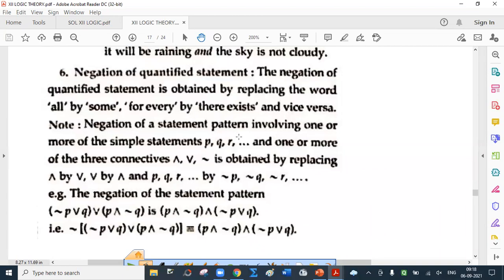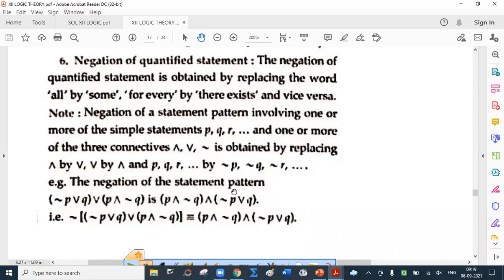Note that the negation of a statement pattern involving one or more of the simple statements P, Q, R and one or more of the connectives and, or, negation is obtained by replacing and by or, or by and, and P, Q, R by not P, not Q, not R respectively.